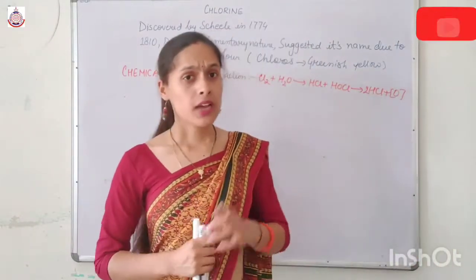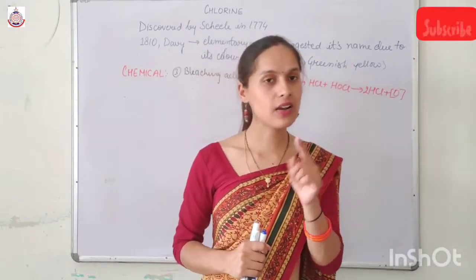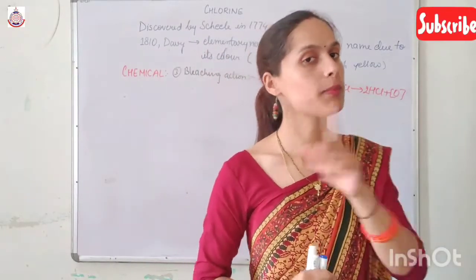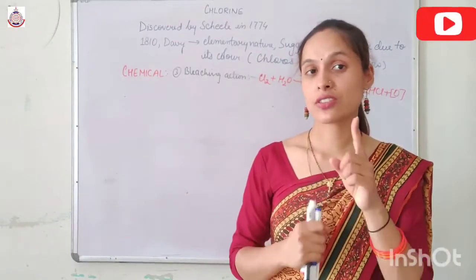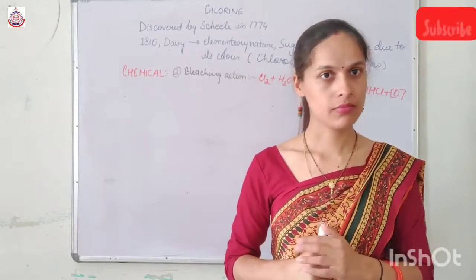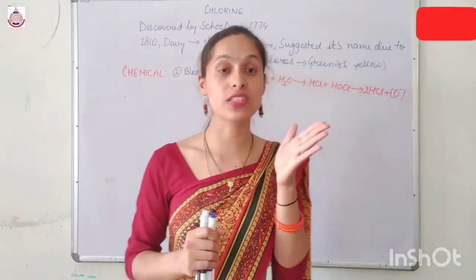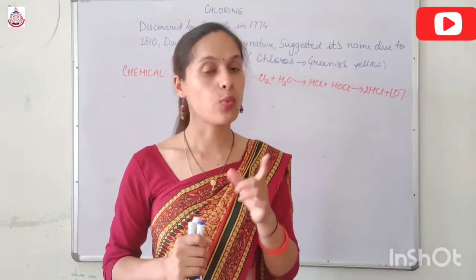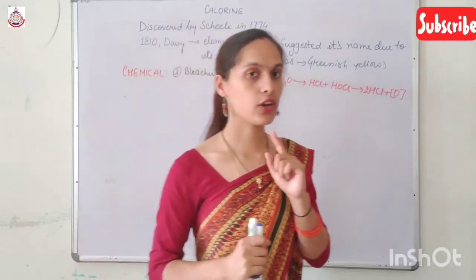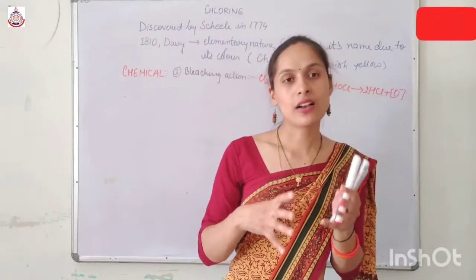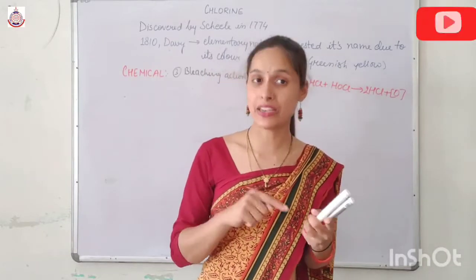Now if you remember, in our previous video we have studied that sulfur dioxide also shows the bleaching property. But the bleaching action of sulfur dioxide is temporary. Why is it temporary? Because when sulfur dioxide reacts with water, it releases nascent hydrogen.